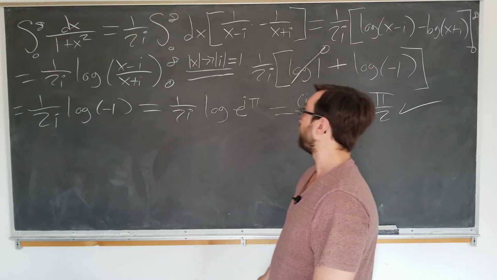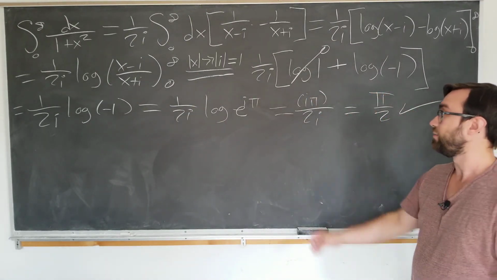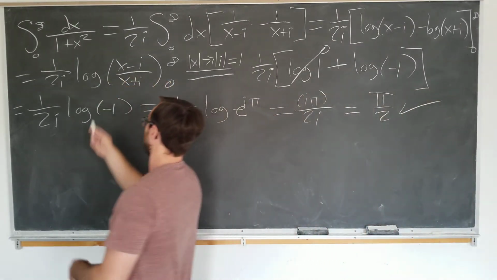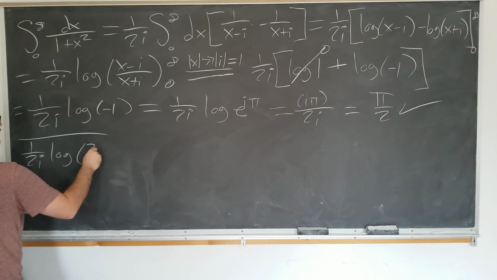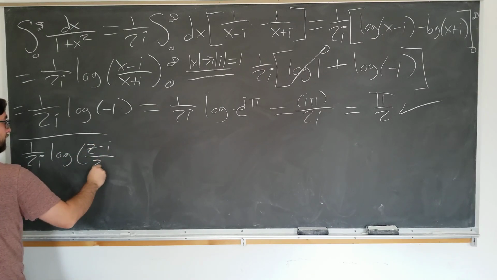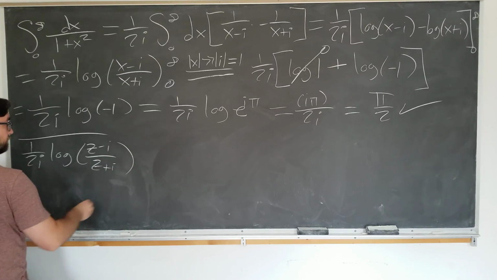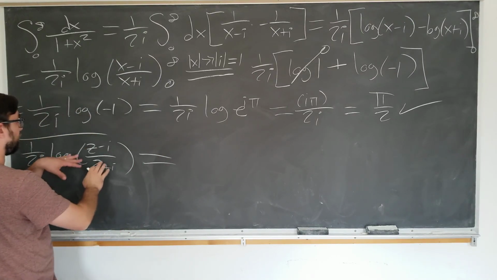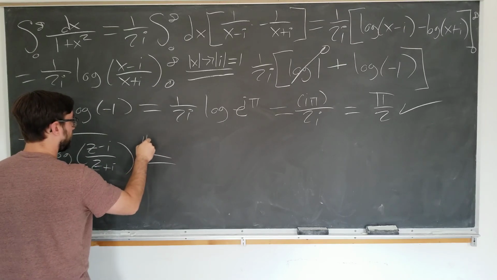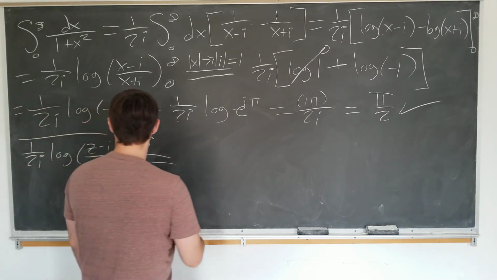In particular, you may have noticed that this function is equal to the arctangent function itself, since we had 1 over 2i log, I'm just going to write as z minus i over z plus i here. We can actually multiply the argument of the logarithm by 1 over i, which is the same thing as minus i.